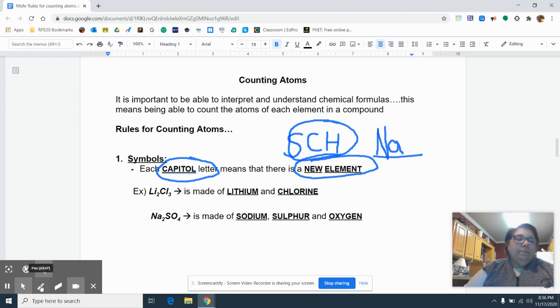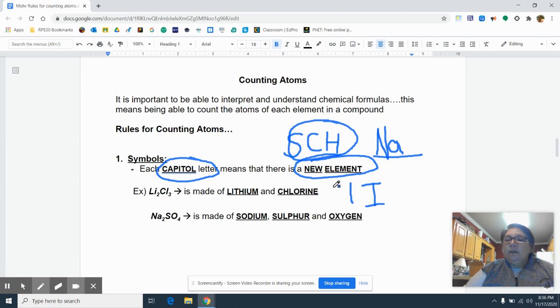I do want to tell you this. When you see the letter like that, that means a lowercase l. If it's going to have an I, it will look like this. That's an I, this is an L.